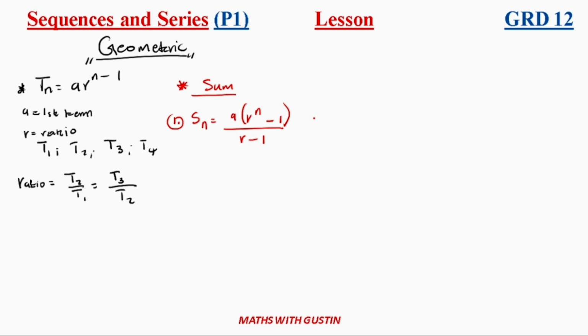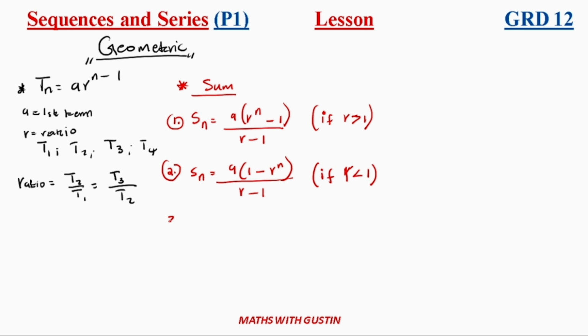You only use this one if r is greater than 1. Very important, guys. Formula number 2 says Sn is given by a times (1 minus r to the power of n) all over 1 minus r. You only use this one if r is less than 1.